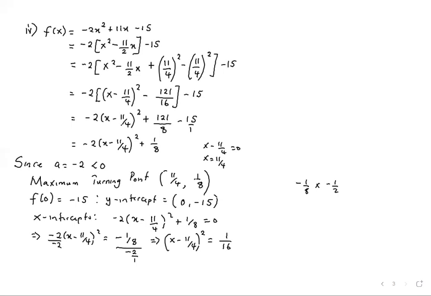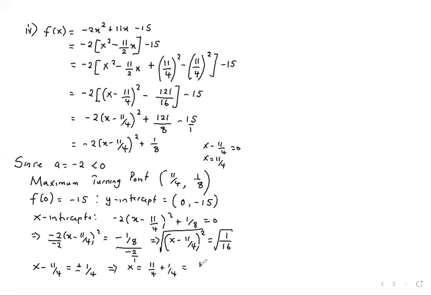So now here, you get the square root. So we'll have x minus 11/4 is equal to plus or minus 1/4, implying that x is equal to 11/4 plus 1/4.